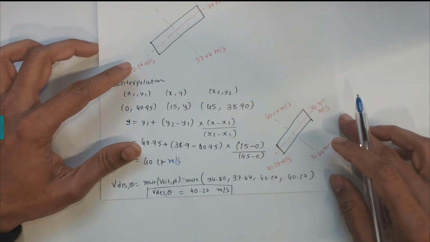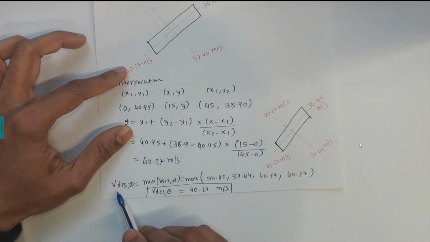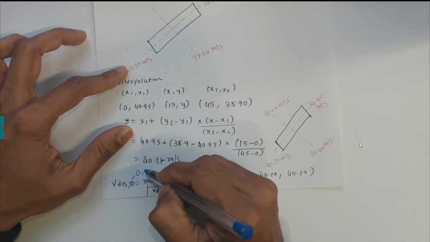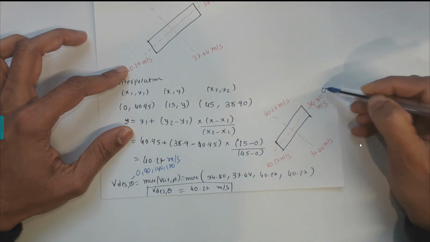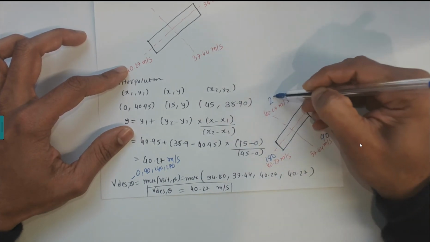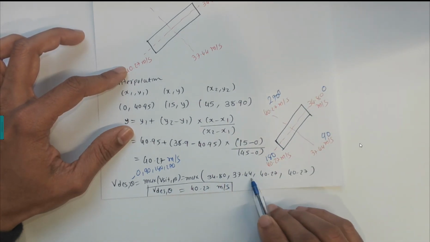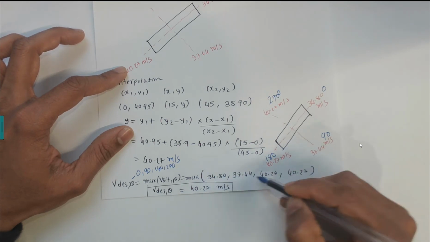So finally we can put all the values here that we found, and for the design wind speed, this theta varies from 0, 90, 180 and 270. That is 0 here, 90 here, 180 here, 270 here, right? So we have 4 different values: 34.80, 37.44, 40.7, and we need to select the maximum value between these.